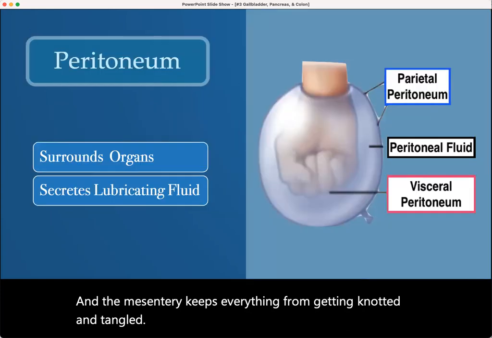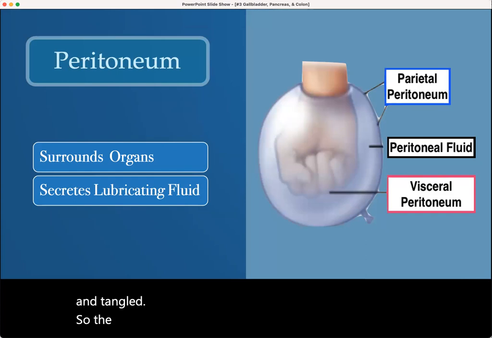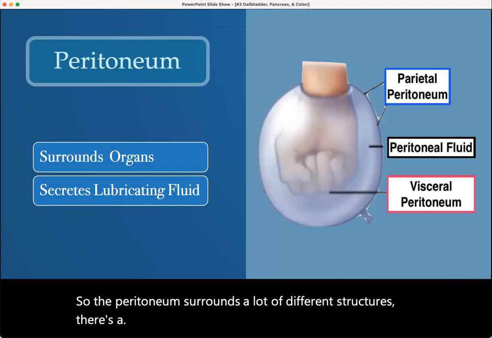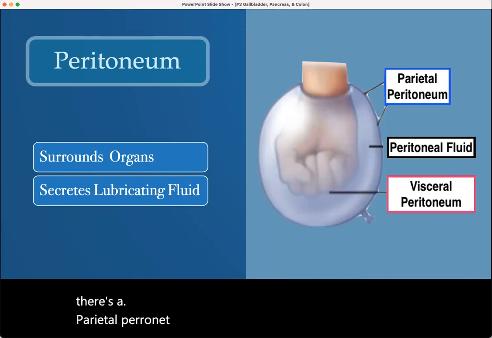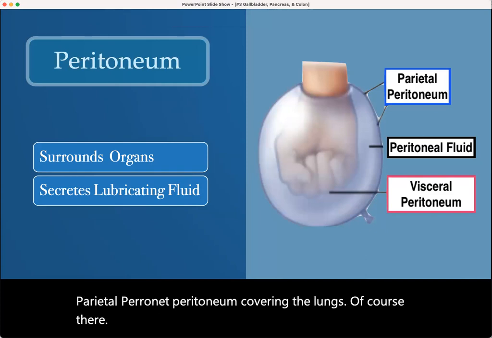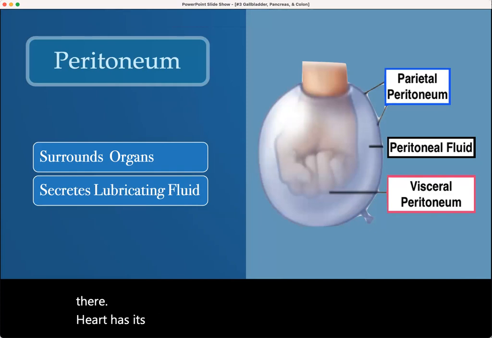So the peritoneum surrounds a lot of different structures. There's a parietal peritoneum covering the lungs. Of course, the heart has its own covering, pericardial covering, and all of them secrete this lubricating fluid.